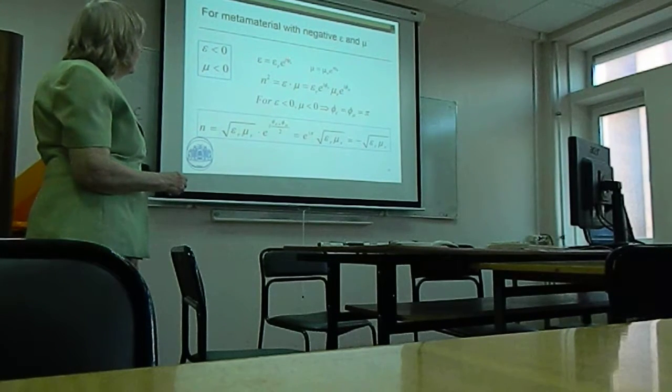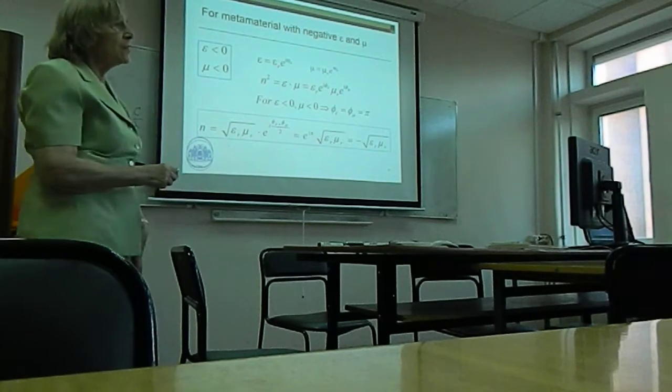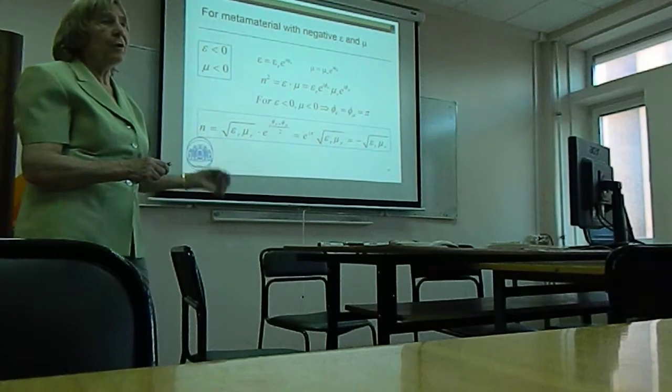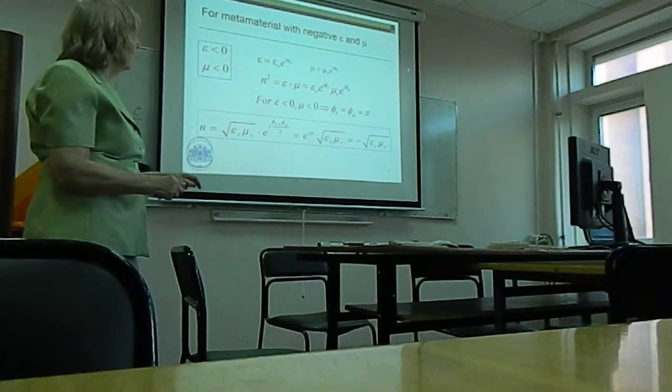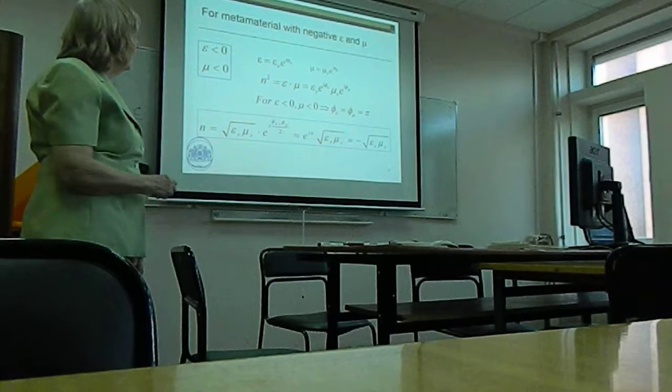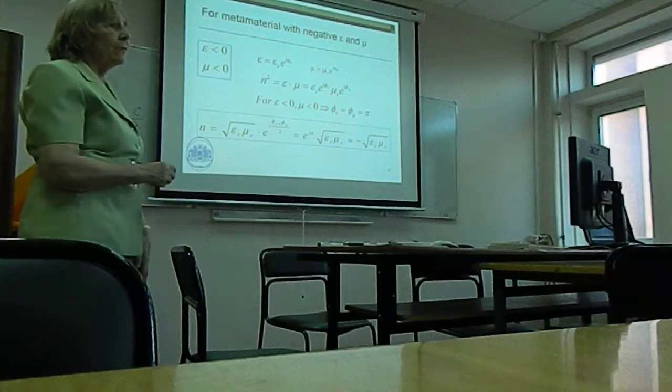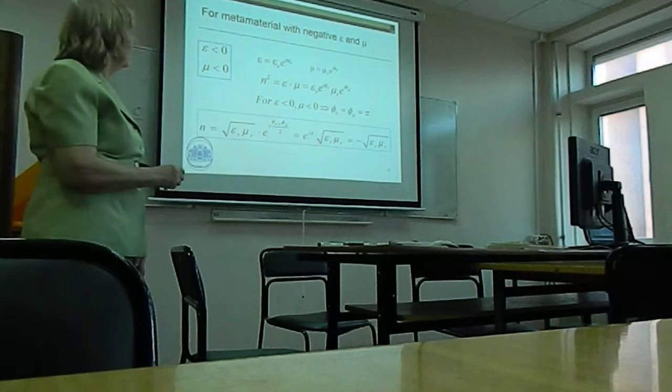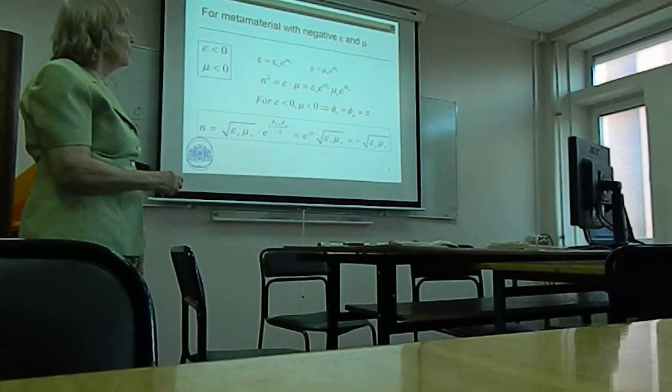How does this phase depend on the sign of epsilon, positive, plus or minus? For plus, this phase is equal to 0, and we have only epsilon sub r, mu sub r.